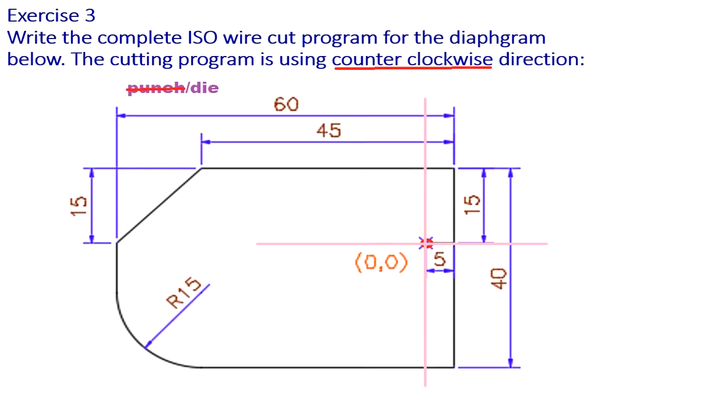Number 2, we need to identify the coordinate for each point. This is 0, 0 for the first point. So the second point here is X5 Y0.